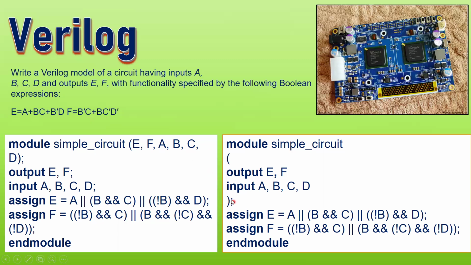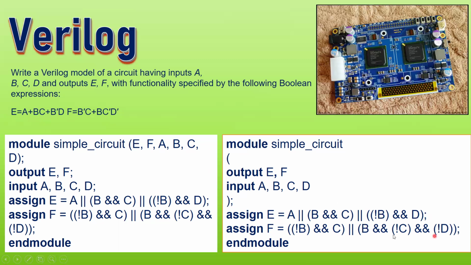Then I put the semicolon, and after that I use these statements, which are called continuous assignment. The syntax is: assign E equals this expression, the first one that I have written here, and the second expression for F, assign F equals this expression.